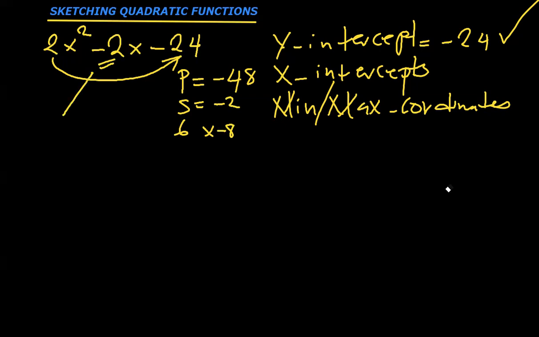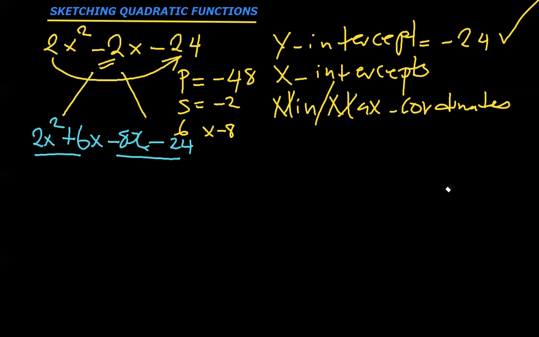Now the 2 numbers replace the middle term, and we have 2x squared plus 6x minus 8x minus 24. Sorry, it was positive 6x and minus 8x minus 24.